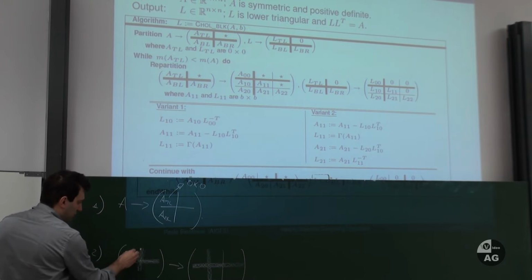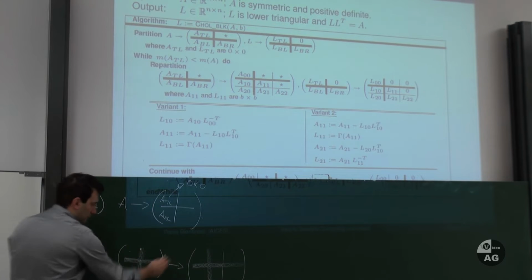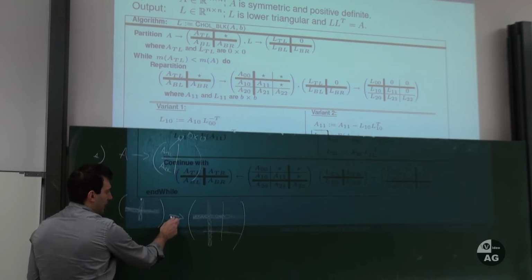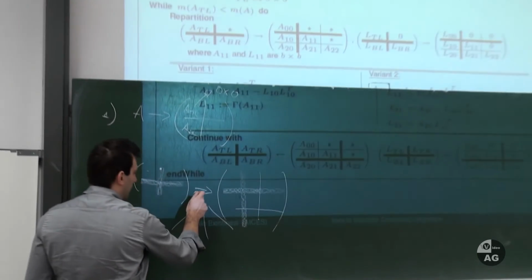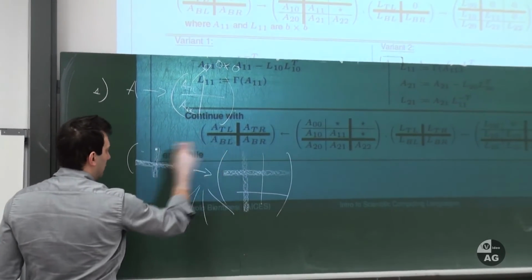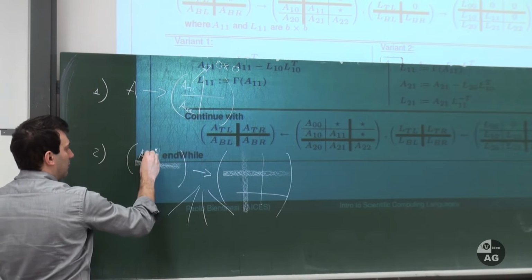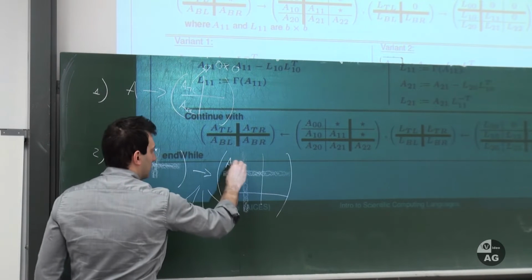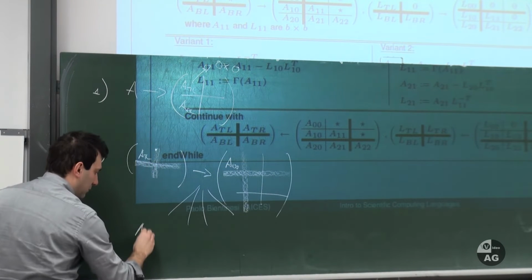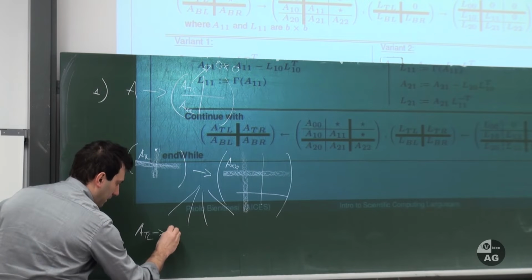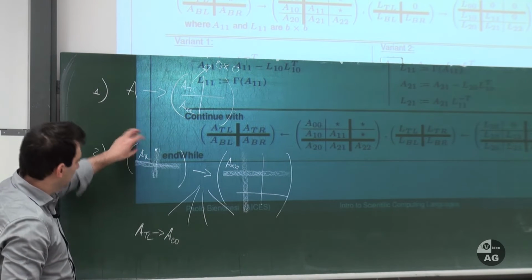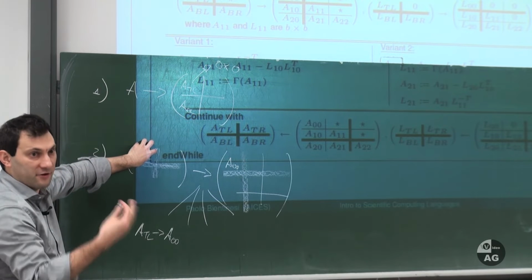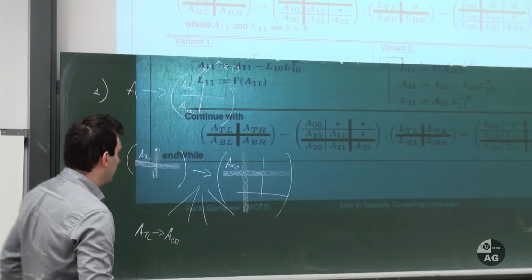So now we can see this arrow as 4 separate arrows. One arrow is for this thing, and it says A top left goes into A00. So that's nothing. I'm simply saying that this object here, I rename it and I call it A00.